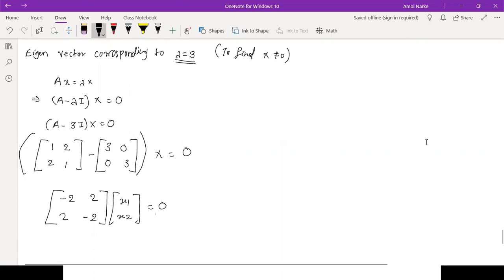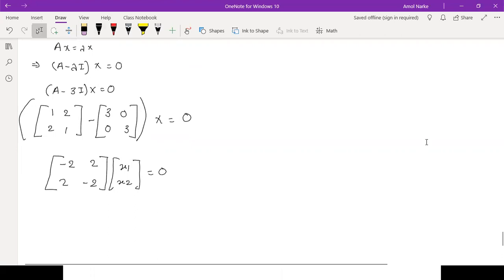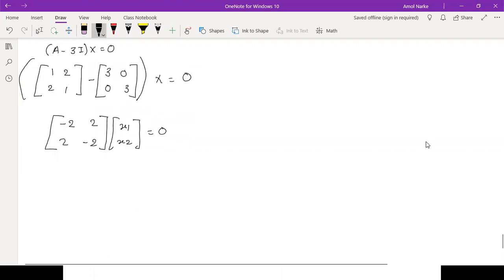Now find out the equation. Do the multiplication. You are getting -2x1 plus 2x2. Instead of solving this, because this is 2 by 2, I'm getting a simple 0, 0. So what does this look like?